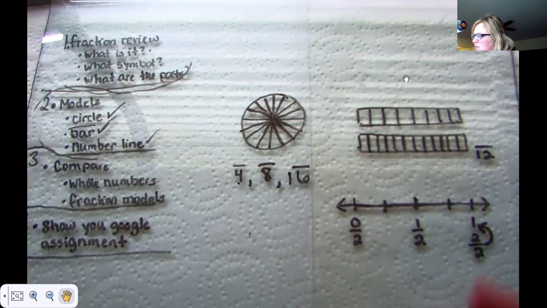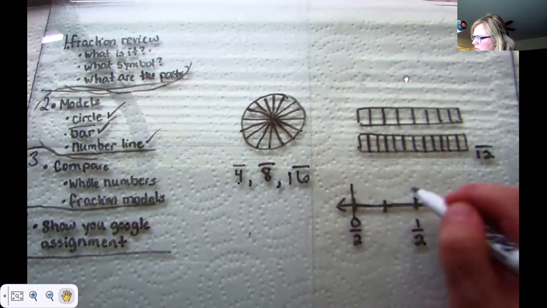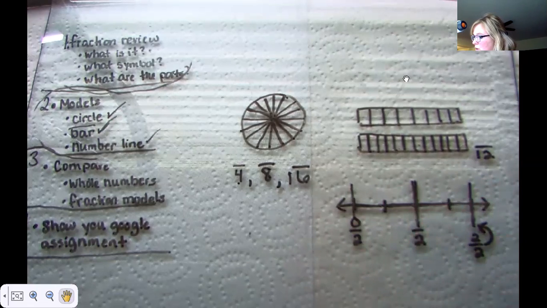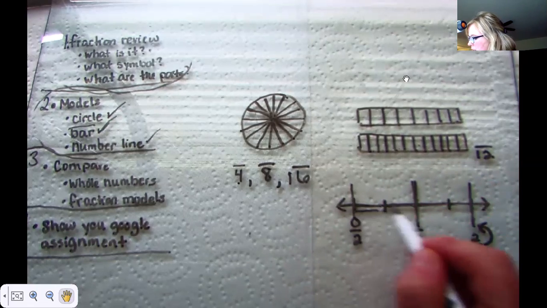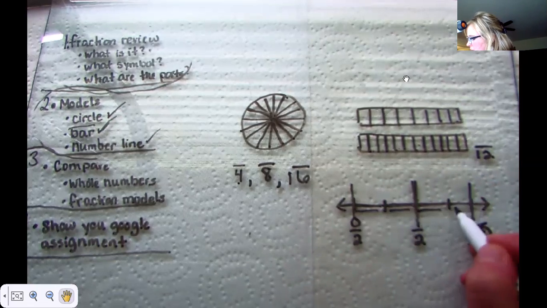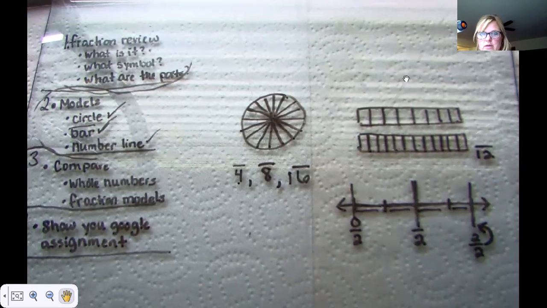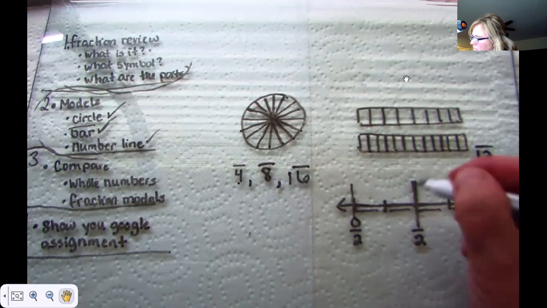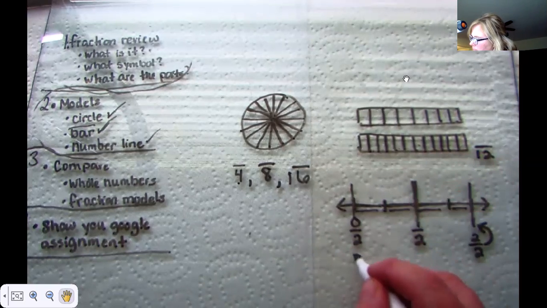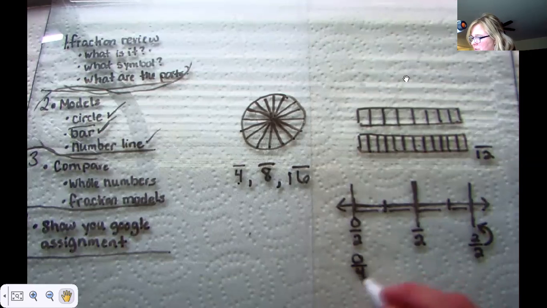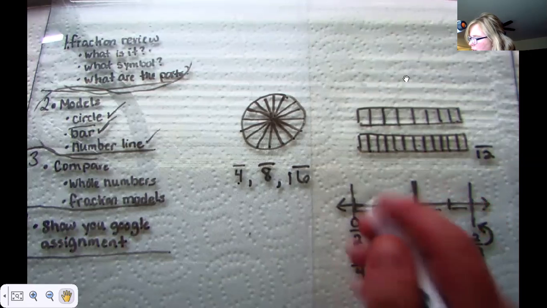It could be still in halves or fourths, because I could see, oh, there's my 2 equal parts, 1, 2, or I see it as 1, 2, 3, 4 equal parts. Okay, so if I want to describe it as fourths, 0 out of 4 parts, that's still 0. It's nothing. We're not going anywhere.